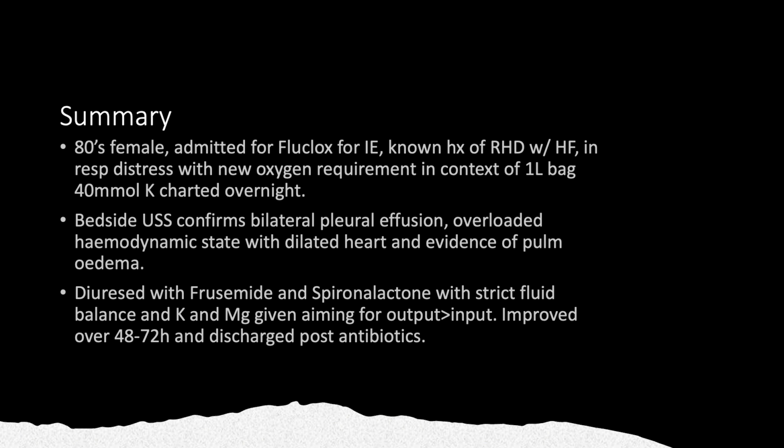She was overloaded hemodynamically with a dilated heart and evidence of pulmonary edema. So I managed her as an APO. So I diuresed her with furosemide and spironolactone with strict fluid balance and potassium and magnesium given, aiming for output greater than input. She improved over 48 to 72 hours and was discharged home post her antibiotic 6-week course.